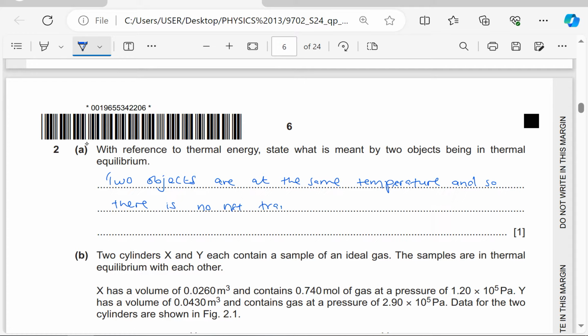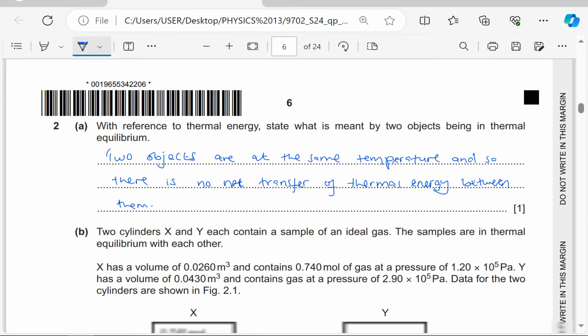There is no net transfer of thermal energy between them. So energy flows uniformly between the two objects so that there is no net transfer in any particular direction. That's why we say they are in thermal equilibrium.